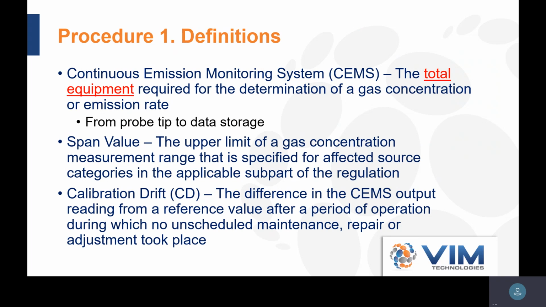So one thing I hear a lot with CEMS: the definition of a CEMS, continuous emissions monitoring system, is the total equipment required for the determination of a gas concentration or emission rate. The way I think of it is, it's from the tip of the probe that's in the stack to wherever your data is being stored. Because if you just have analyzers sending a 4 to 20 milliamp output, those signals need to be converted into usable data.